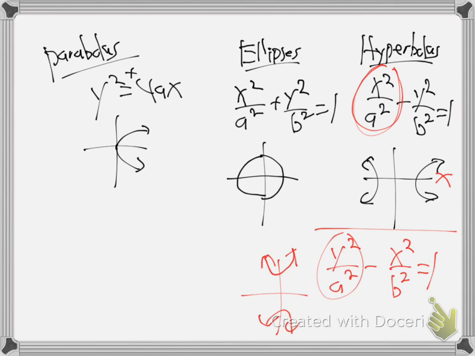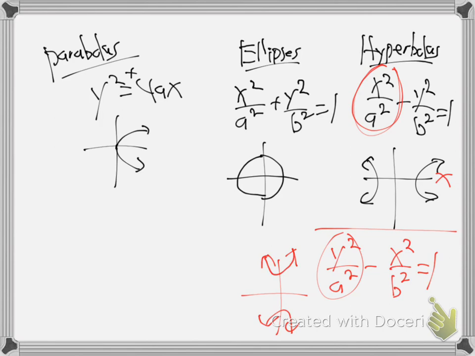That's different than the ellipse. For the ellipse, it mattered which one had a bigger number underneath, x or y, didn't it? For which direction was the bigger. It doesn't matter for the hyperbola. The other one could actually have the bigger number. Who cares? It's who's in front. If x squared's in the front, it's going to be right and left. If y squared's in the front, it's going to be up, down.